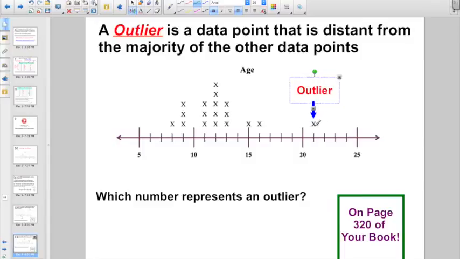This guy would represent an outlier. So if they asked us which number represents an outlier, what number would that be? If this is 20 and this is 25, they're not all labeled, but do you know the number? Yeah, that's pretty easy. He's 21.